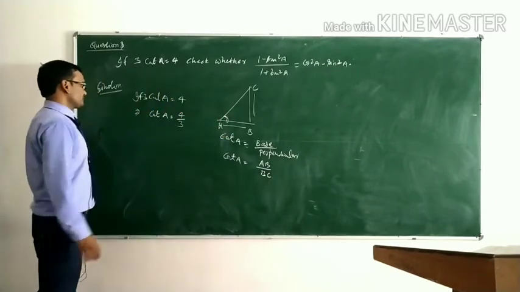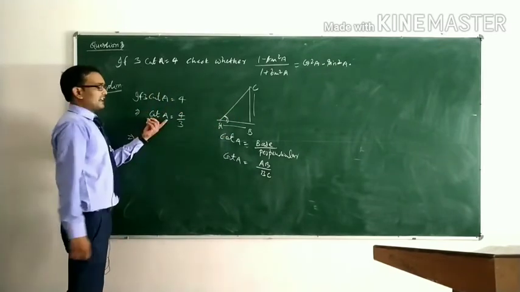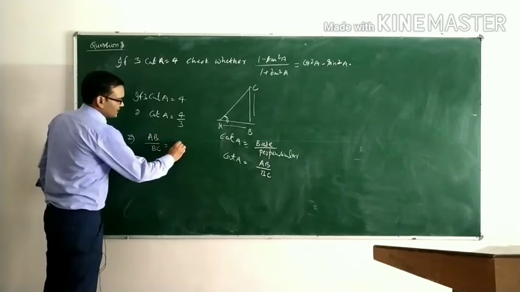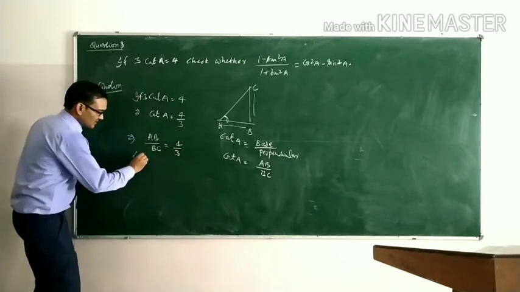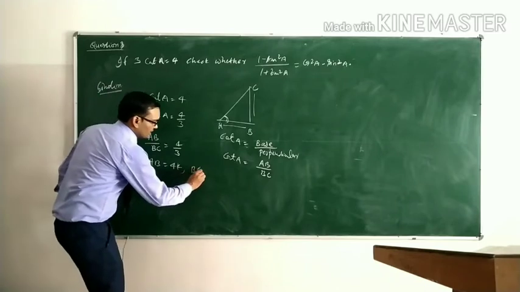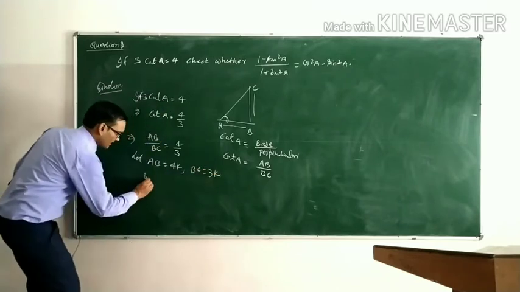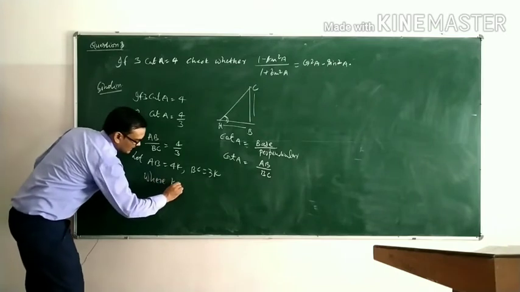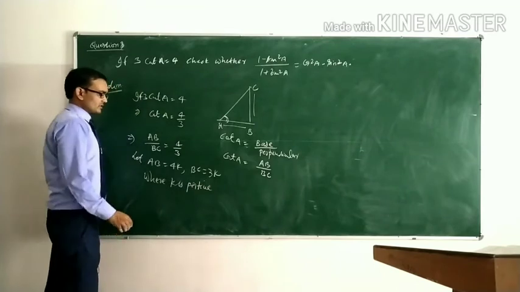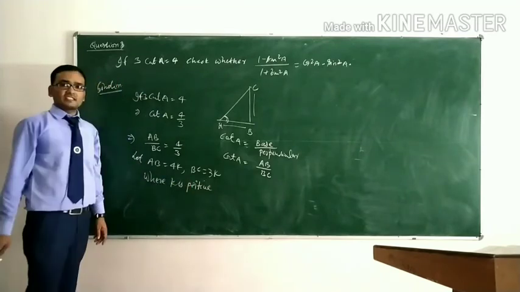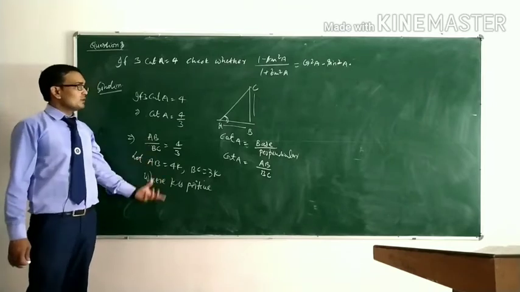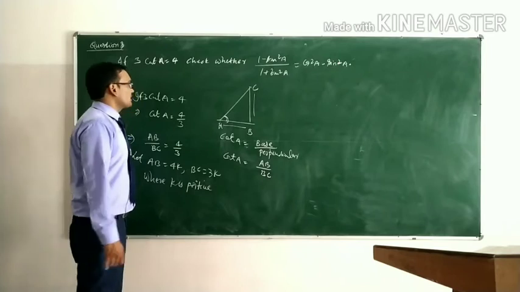Okay, students? We put the value of cot A: AB upon BC equals 4 by 3. Let AB equal 4K and BC equal 3K, where K is a positive number. We find the value of AC using Pythagoras theorem.